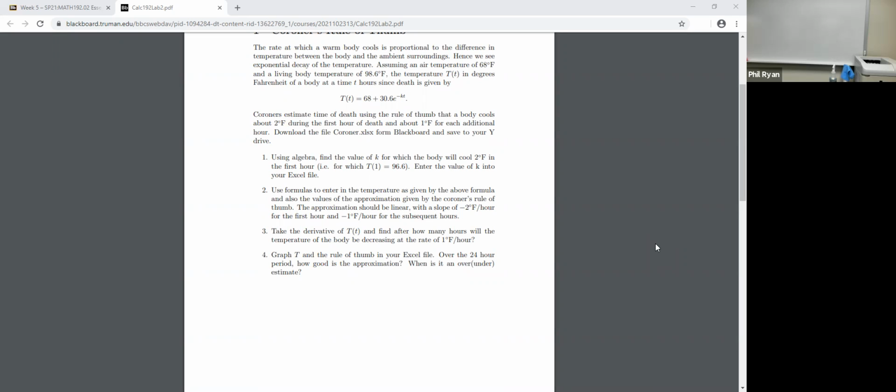Remember, we're trying to isolate the k. Divide by 30.6. Exactly.